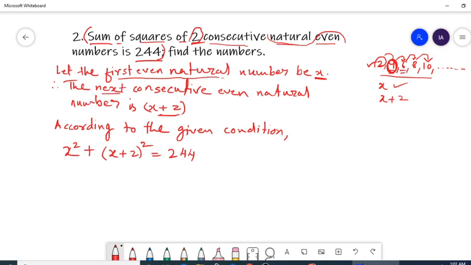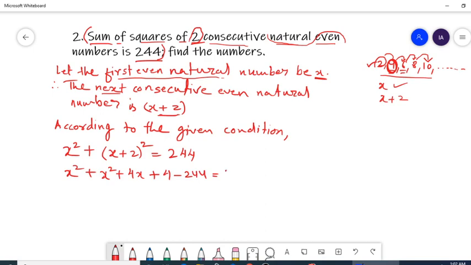consecutive even natural number. Here we have x square plus x plus 2 whole square, that is a plus b the whole square, so it can be written as x squared plus 2ab, that is 4x, plus b square, which will become 4. 244 will become minus 244 when I bring it to the left hand side.